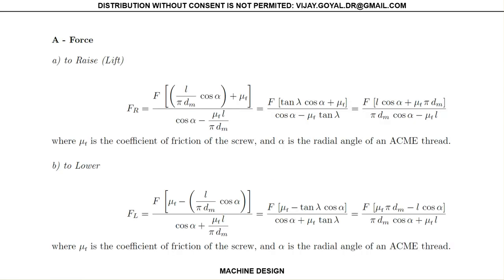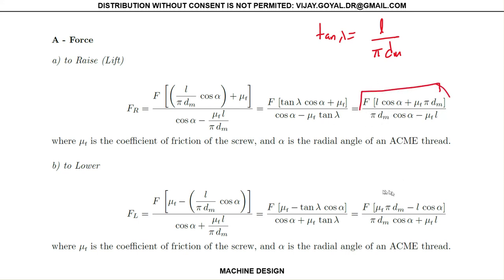Then what you want to calculate in these problems is the force. That's one of the main goals of this. The equation can be a little bit complex and crazy. Just remember here that your tangent of lambda is equal to lead over pi times dm. If I take this and plug this value inside there, that's how I come up with this expression here.